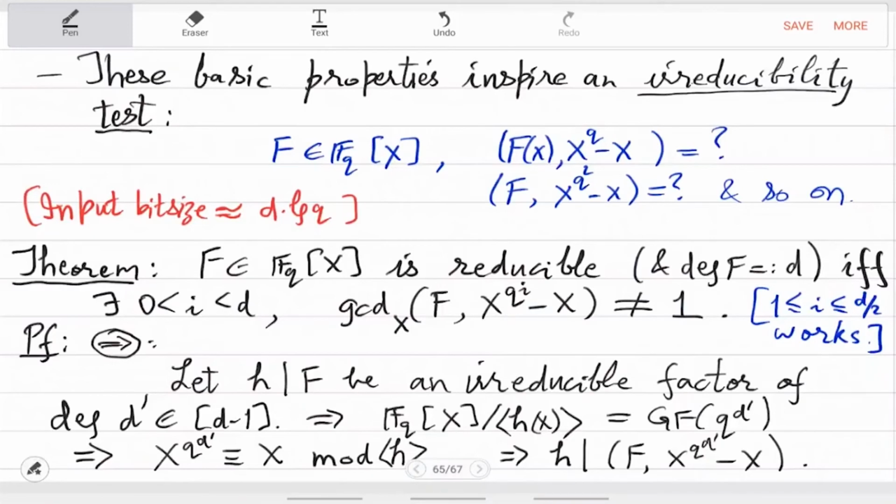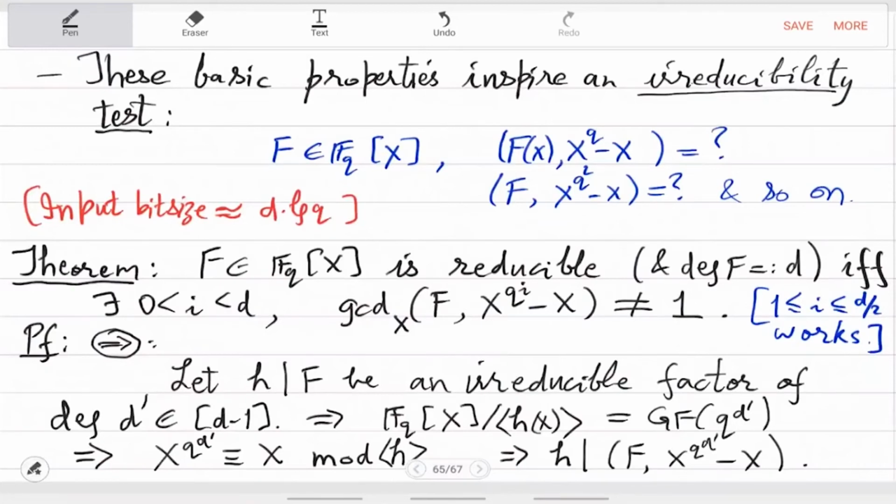So it's not that x to the q to the i minus x will be divisible by all the irreducibles up to degree i. It's actually only factors of i. So did you understand that h of degree d prime will divide for i equal to d prime and then i equal to 2d prime? Did you understand that property? So why wouldn't it divide for things in the middle between d prime and 2d prime?